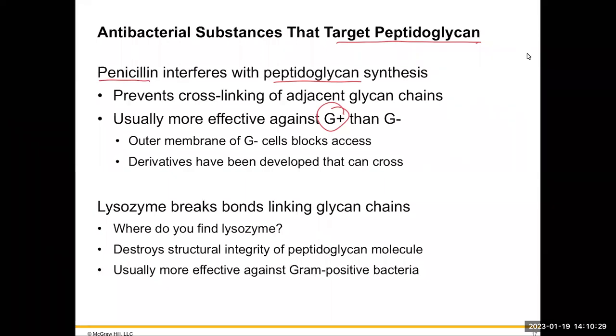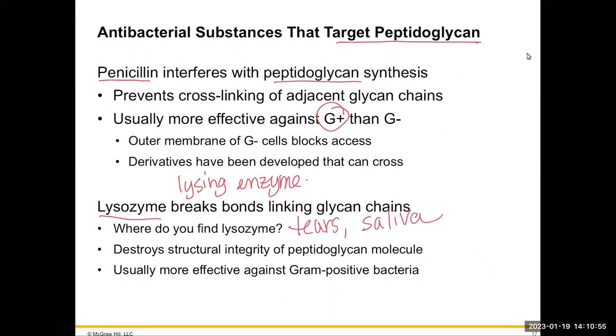Okay, now another antibacterial substance that targets peptidoglycan is lysozyme. So you might have heard of lysozyme. It's also called lysing enzyme. So you find it in tears, saliva.